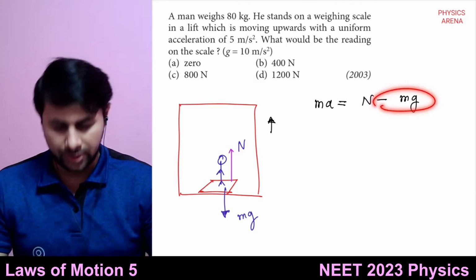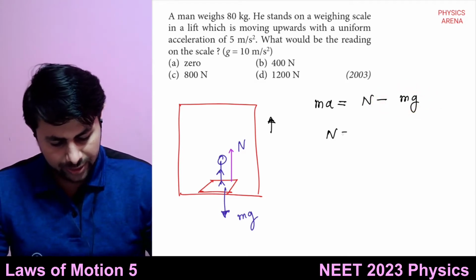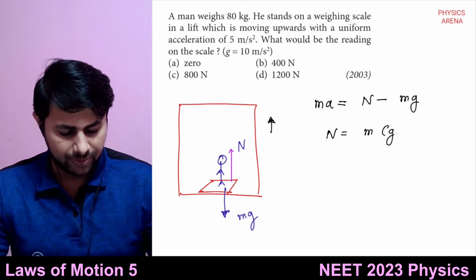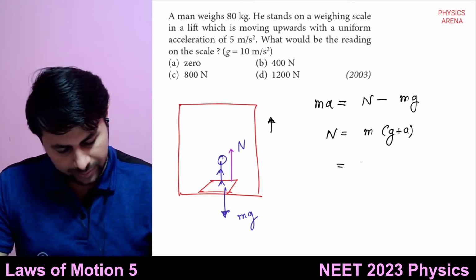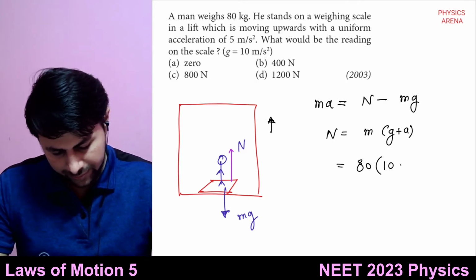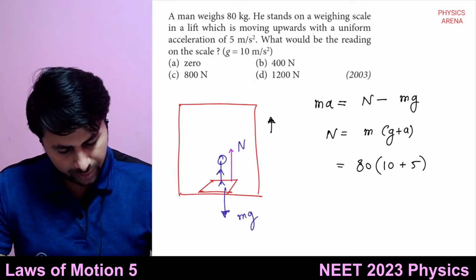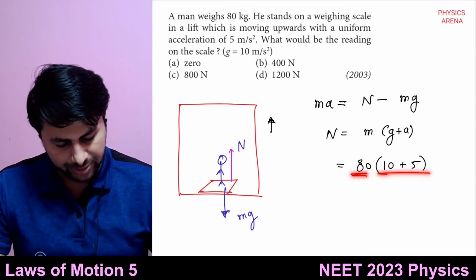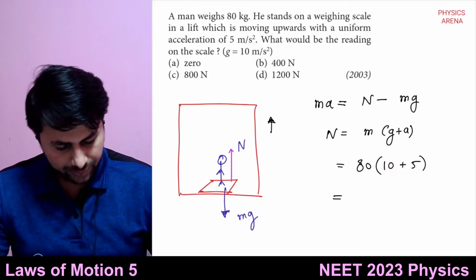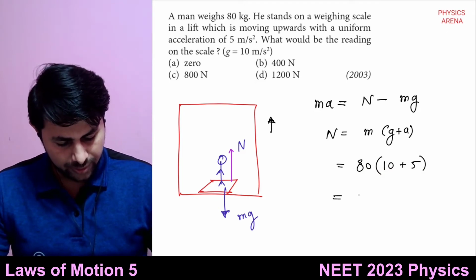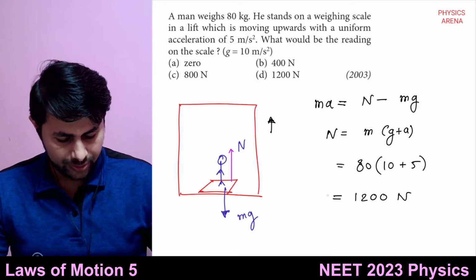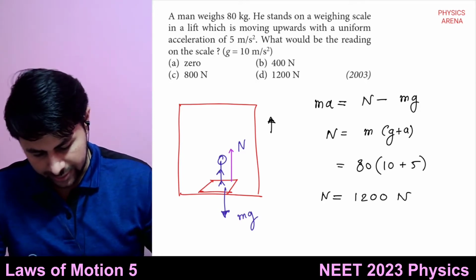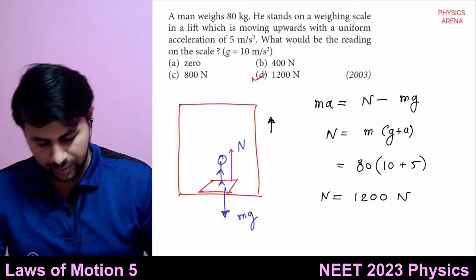Take mg to the other side, so normal reaction equals m multiplied by (g plus a). Very simple. M is 80, g is 10, a is 5, so this is 15 times 80, which is 1200 newtons. This is the answer, option D. Understood?